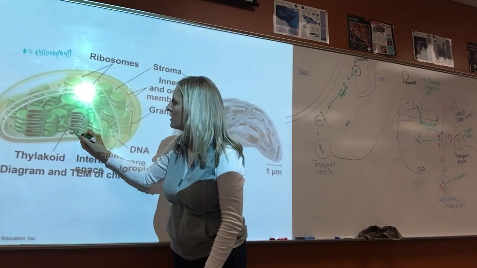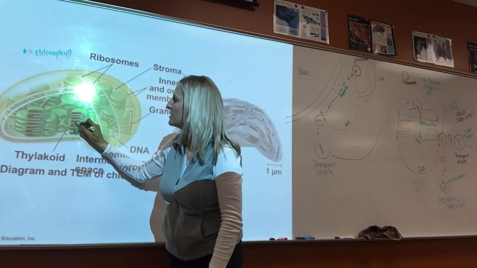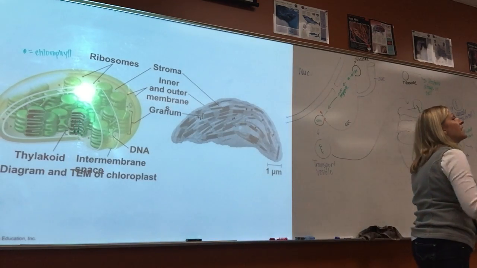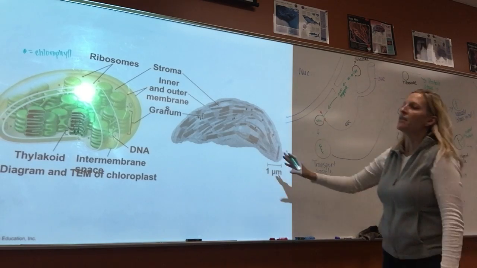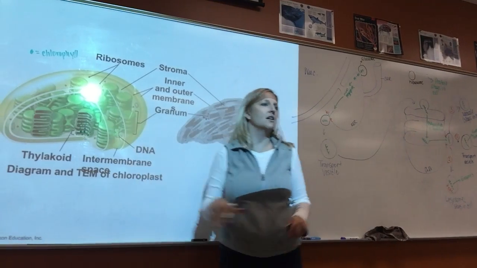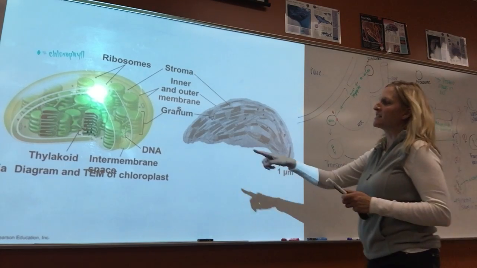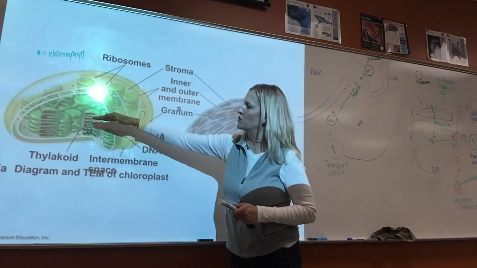And so the more thylakoids you have, the more membrane you have, the more chlorophyll you have, the more light you can absorb, and the more photosynthesis happens. And so I'm not going to do it on all of them, but there's tons of chlorophyll.